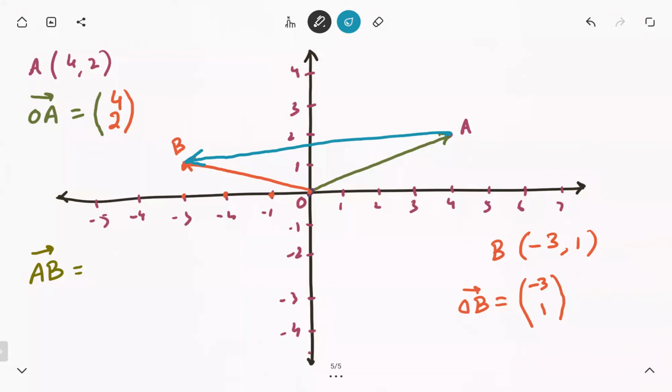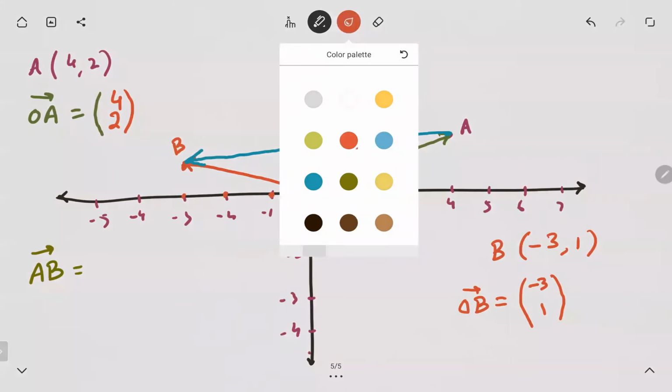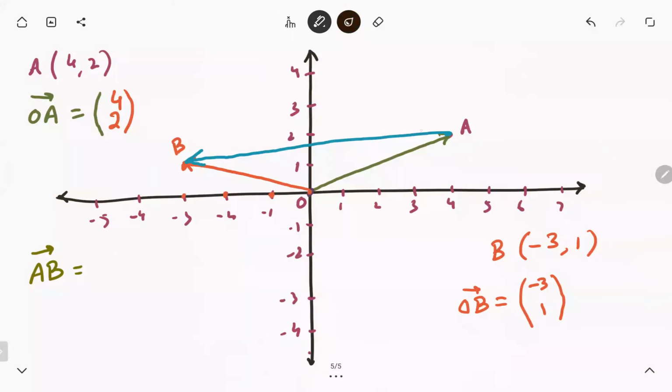Yes, see, if you want to move from A to B, 1 unit left, 2 unit left, 3 unit left, 4 unit left, 5 unit left, 6 unit left, 7 unit left, and then 1 unit down. So 7 unit left mean -7, and down mean -1. This is the column vector for AB.